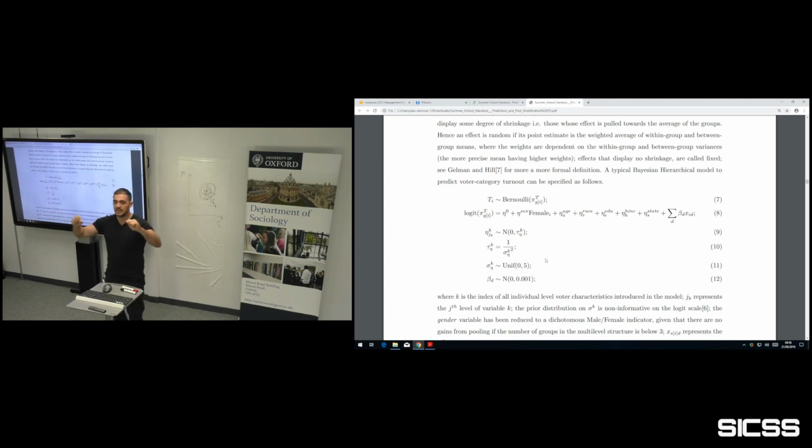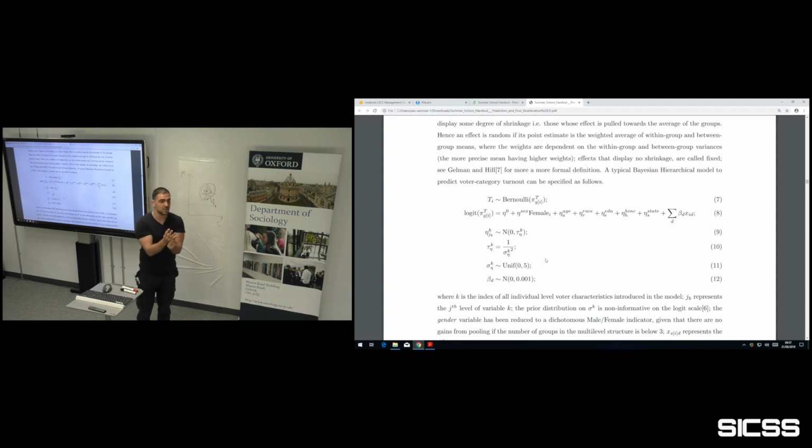What shrinkage does is, when you estimate a random effect coefficient, instead of the coefficient being exactly what you observe in your data for that particular category, for example, if one of our variables is education, and we have 4 categories, low education, middle lower, middle upper, and upper education, then instead of your estimate for the lower education effect being exactly the mean of the low educated in your sample, it is going to be an average between that mean and the global mean of the 4 categories.